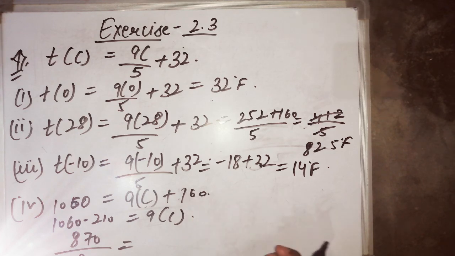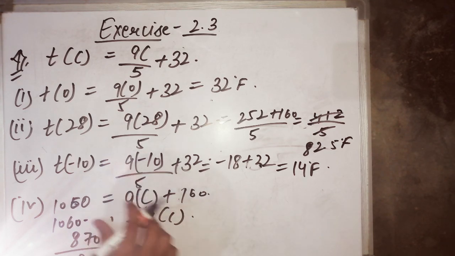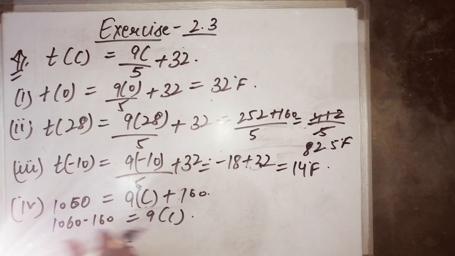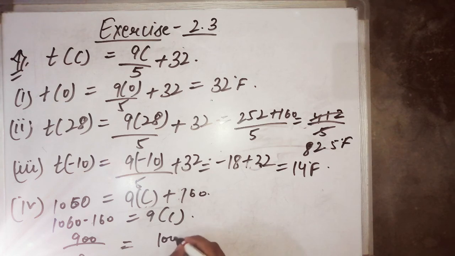I written it by mistake, and here we have 160, and it will give us 900 by 9, which is 100 degrees Celsius. This was our fourth question, and I'm leaving the fifth question for you guys.